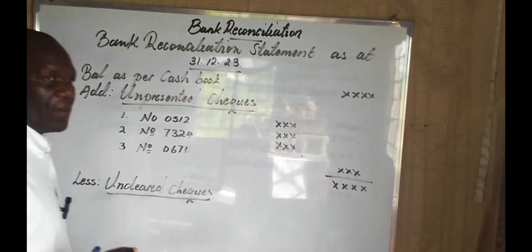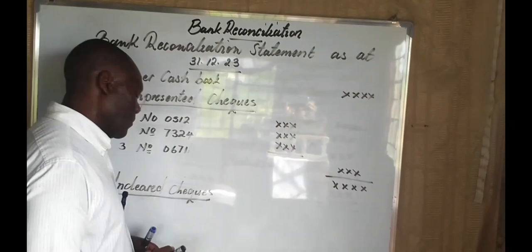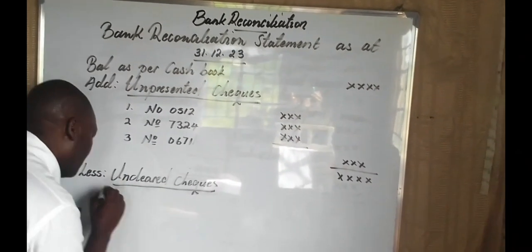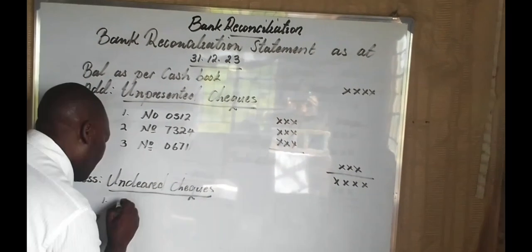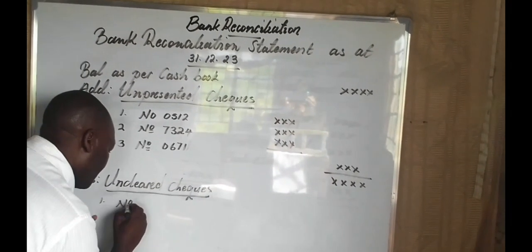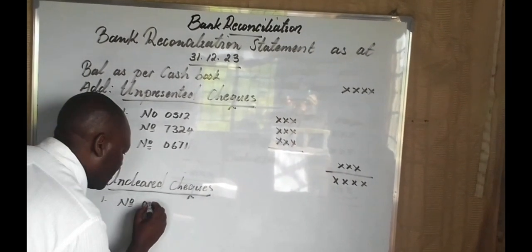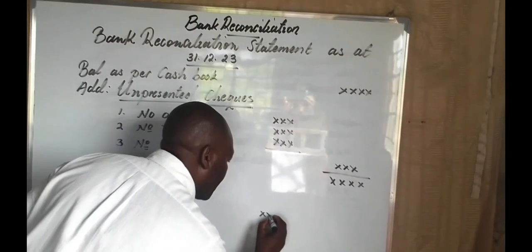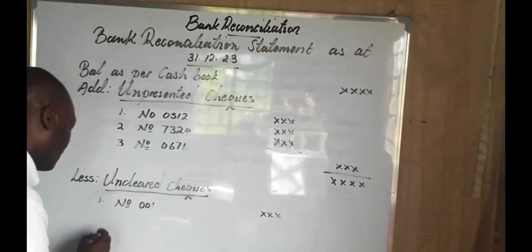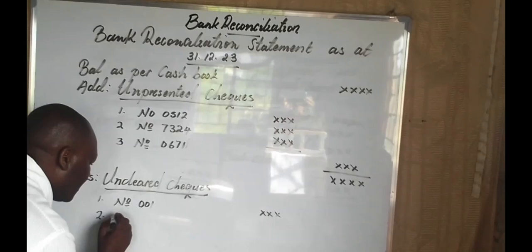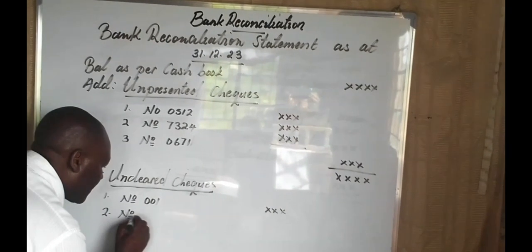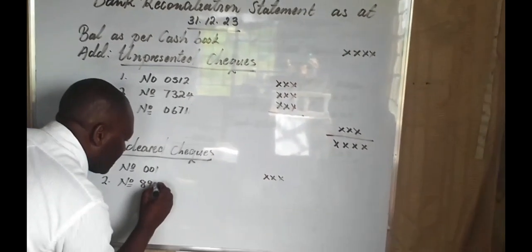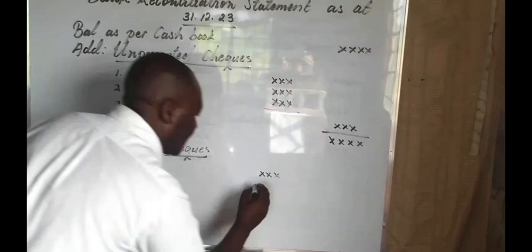Let's say for example, if the uncleared checks are 2, then you indicate check number 1, put the check number, that was 001, you put the amount there. Second check, say check number 8902, indicate the amount there.